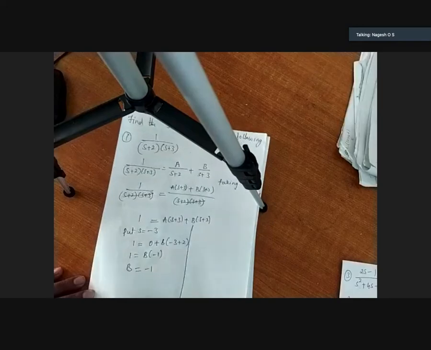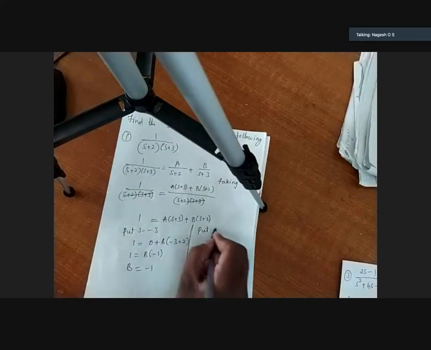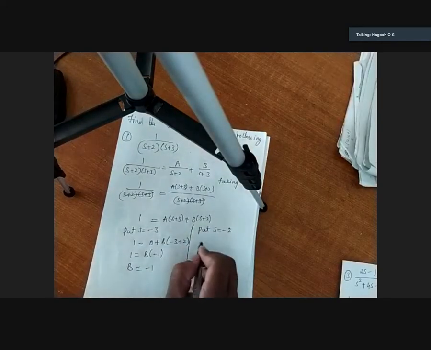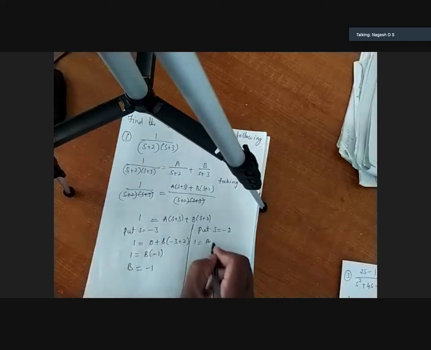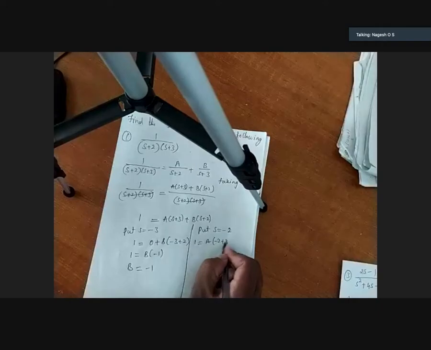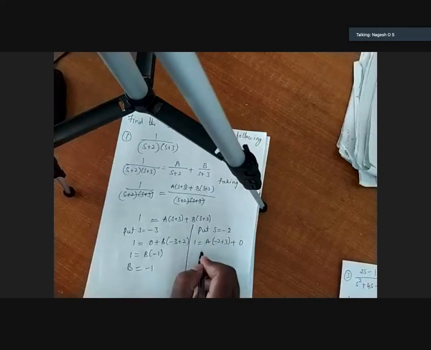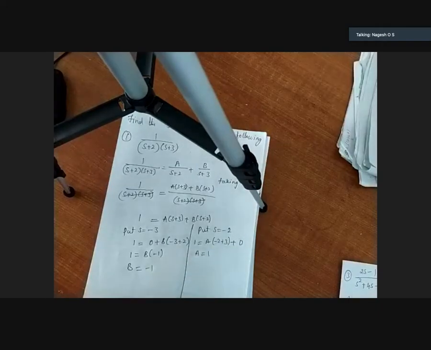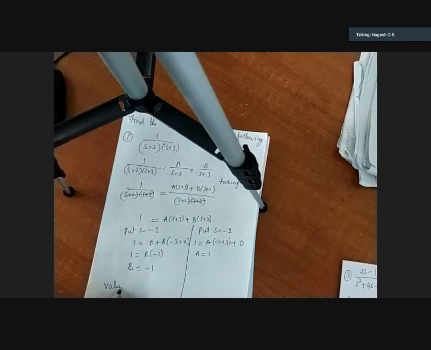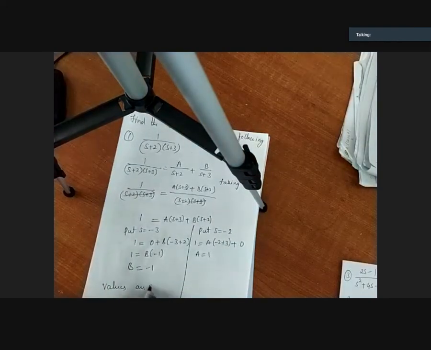Similarly, put s equal to minus 2. 1 equals A into (minus 2 plus 3) plus 0, so this will be 1 and A equals 1. So the values are A equals 1 and B equals minus 1.